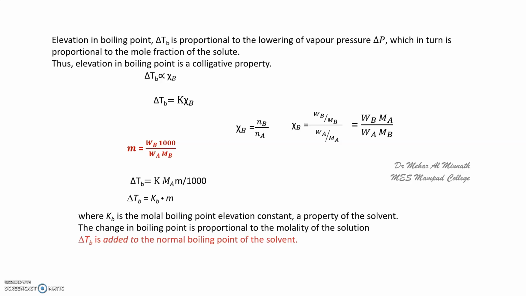Usually, when we get delta TB, it is added to the normal boiling point of the solvent to get the boiling point of the solution. It's obvious: you take the difference and add it to the pure solvent, and you get the elevated boiling point of the solution.